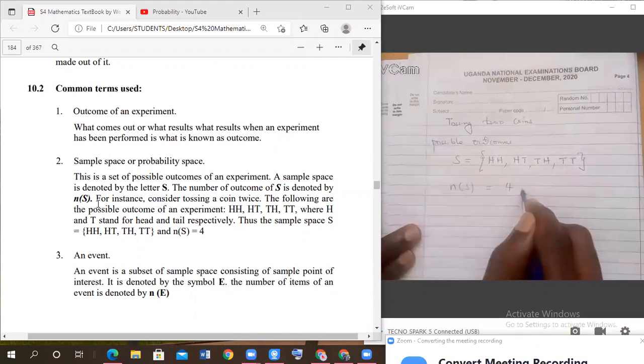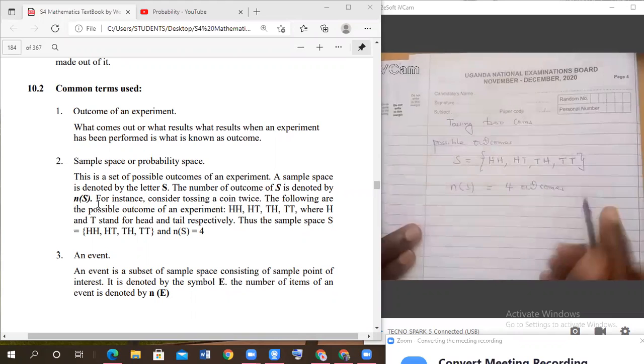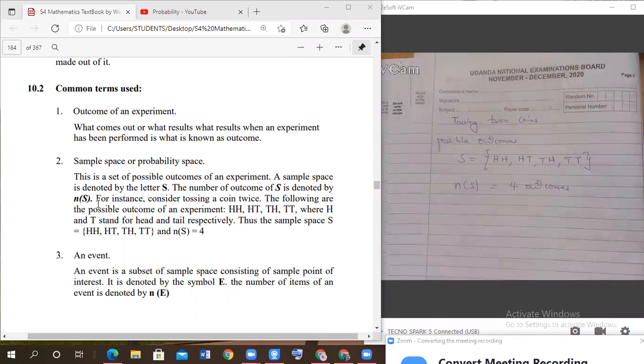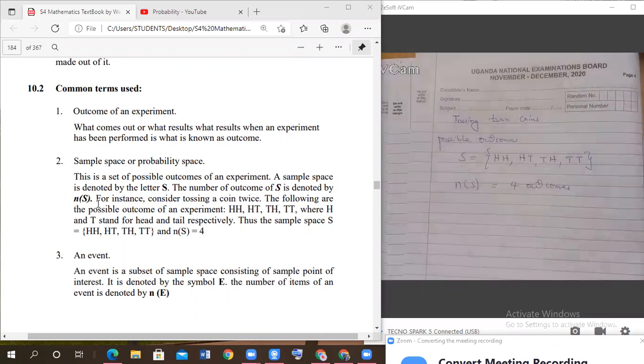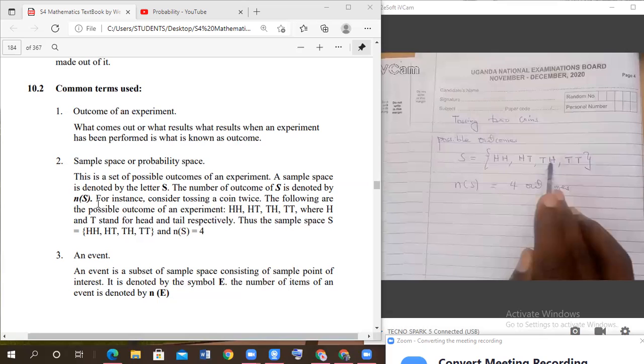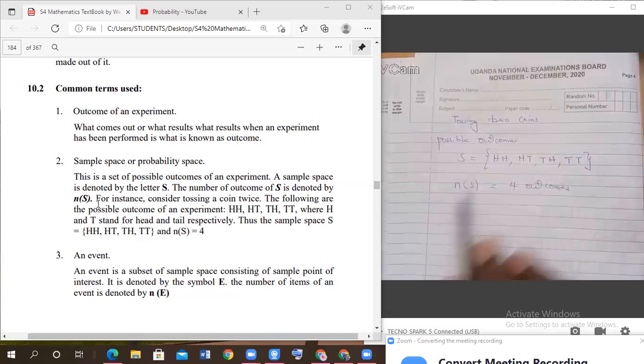It is 4 outcomes. So when you are tossing 2 coins, there's no way you can get less or more than 4 outcomes, because here you are exact, because those are the experiments you have been trying out. So you can get head-head, head-tail, tail-head, tail-tail. Okay?